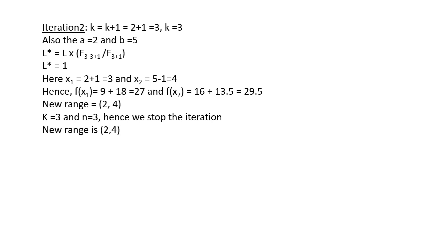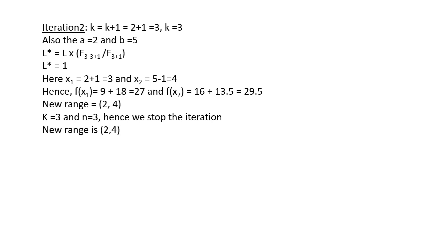In the second iteration we get k equal to 3, and again we calculate L star and here we get L star as 1, and we calculate the new lower bound and new upper bound. As you can see, the region has converged from 0 to 5 to 2 to 4. So the minimum or the maximum lies in the range of 2 to 4.